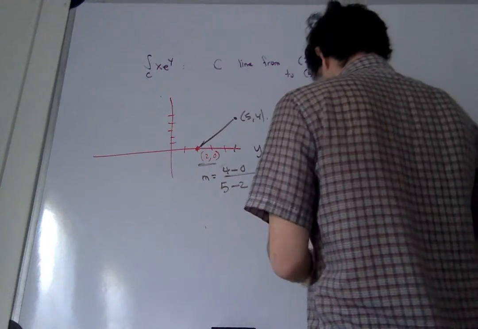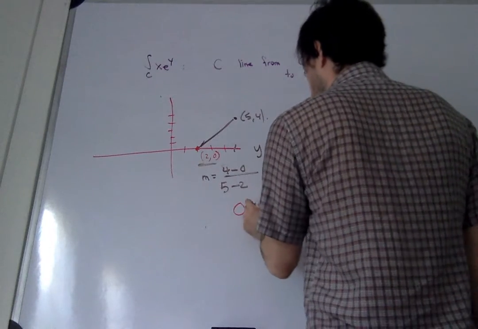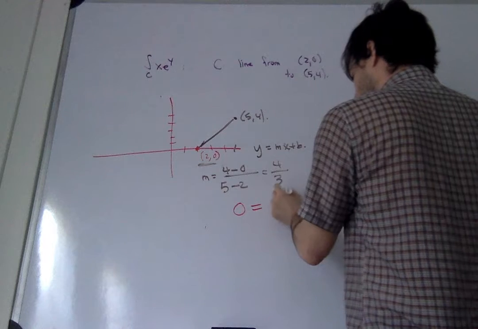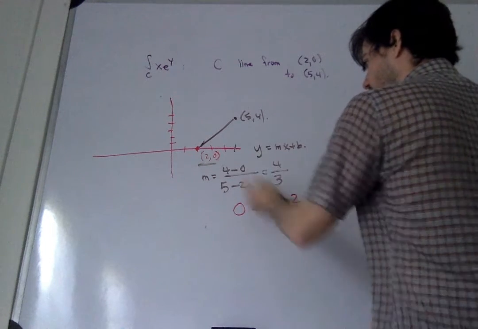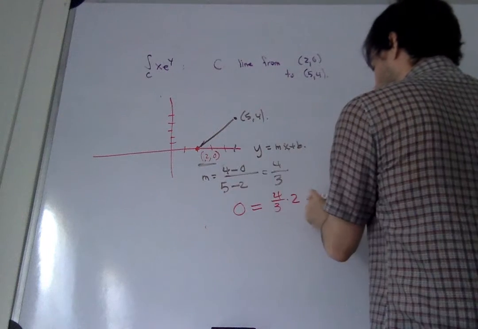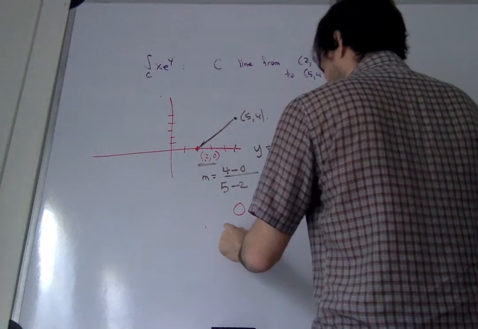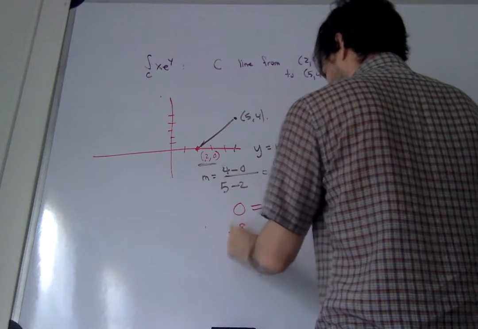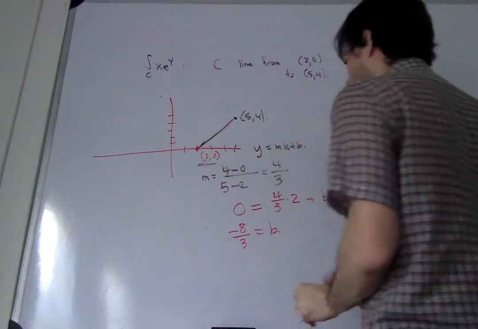So if I plug in these values, I get 0 equals 4 thirds times 2, that's the 2 here, plus b, and I'm going to subtract that to the other side. So I get negative 8 over 3 equals b.